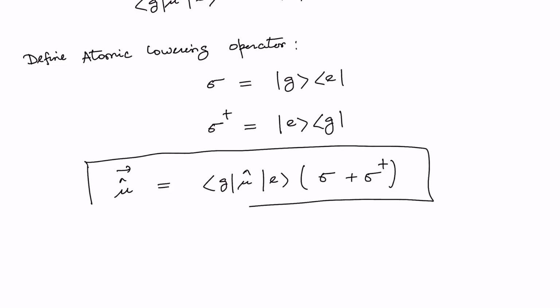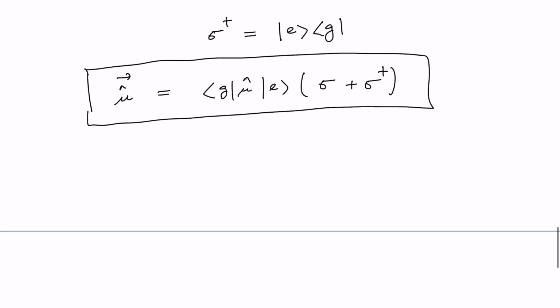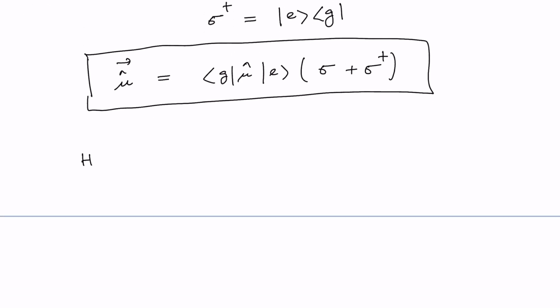This is an important expression. So therefore we can write the full Hamiltonian of the atom field system like this. The full Hamiltonian for the atom field system is, you see, most of the time I am not going to write this cap sign here. Just understand that we are talking about operators.